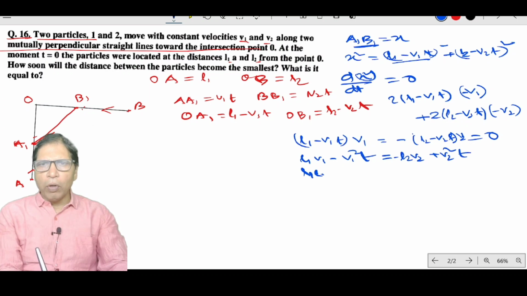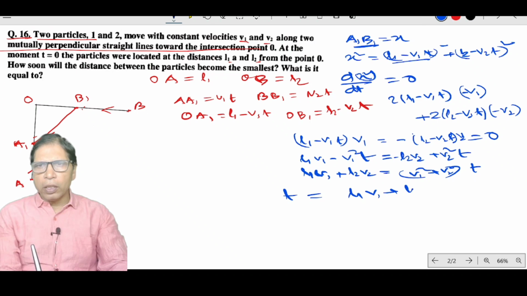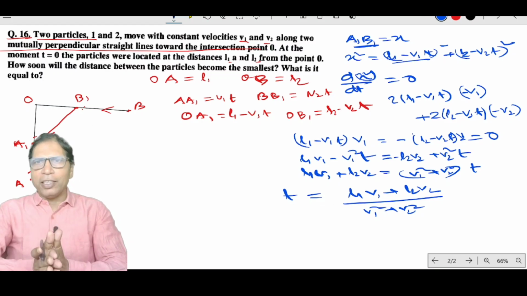Therefore, L1v1 plus L2v2 equals v1 square plus v2 square into t. Therefore, t equals L1v1 plus L2v2 divided by v1 square plus v2 square, which is the time to reach the minimum distance.